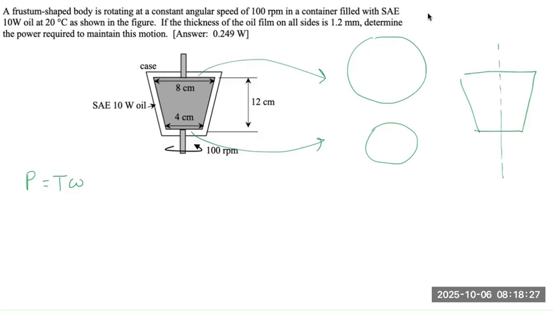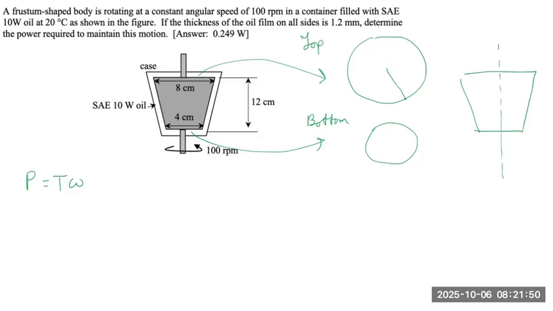And the viscous torque acting on the top surface and the bottom surface of the object can be calculated first, since those can be calculated in a similar fashion. Basically, this is for the top view, and this is for the bottom view. And our goal is to sum the torque on both of these surfaces.